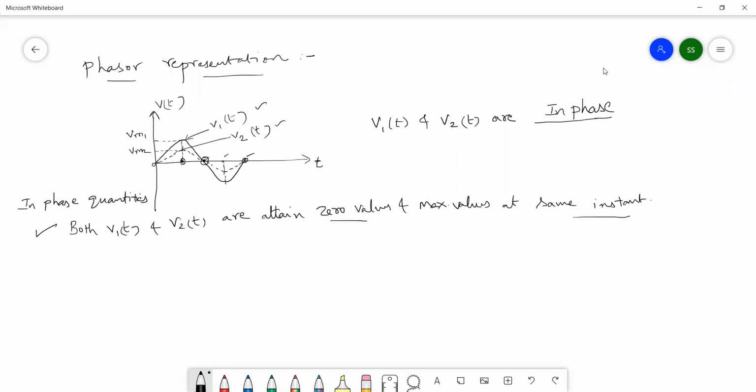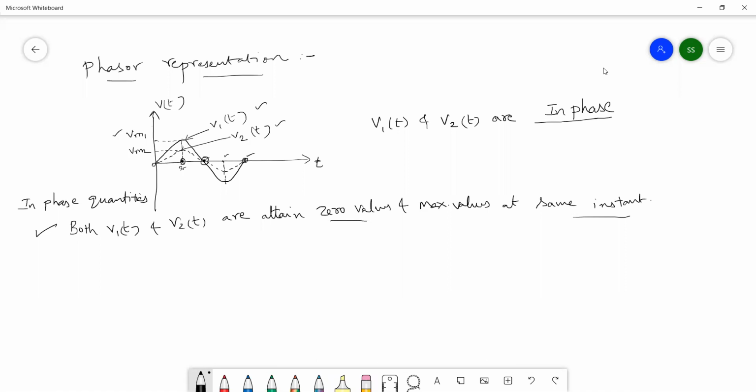If you take another time instant, let us take 90 degrees, by your imagination. At 90 degrees, what is the value of V1 of t? Vm1, which is the maximum amplitude value of V1 of t.